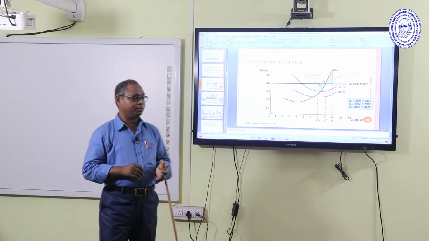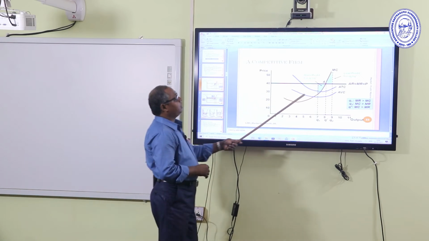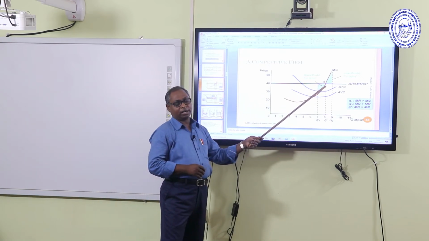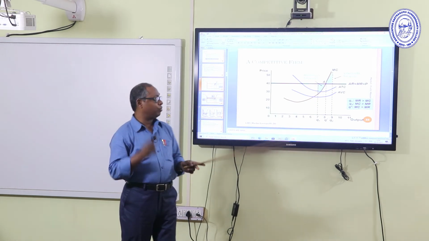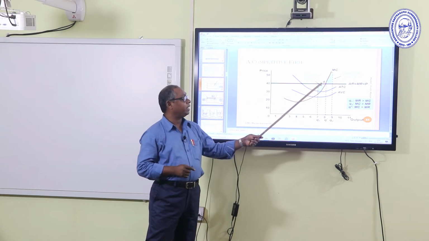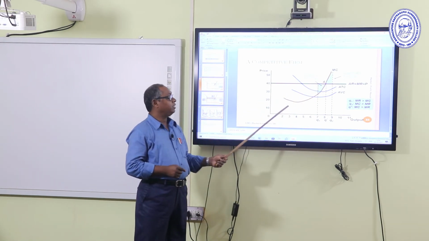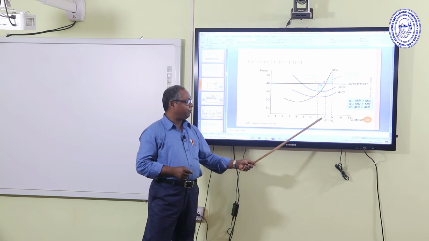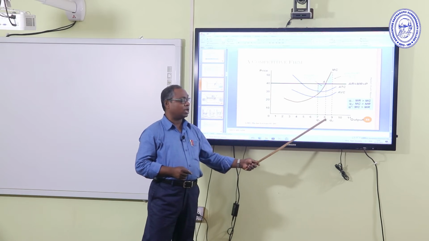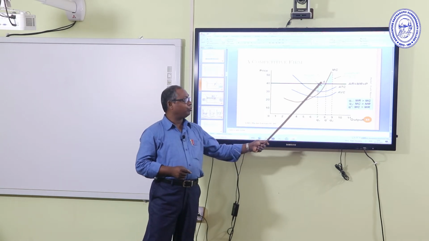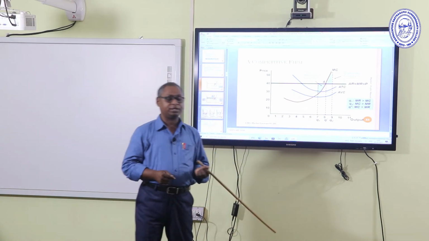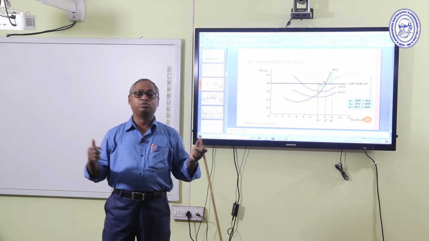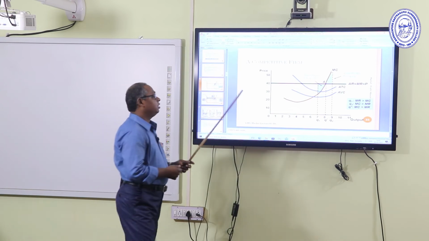it's a stable equilibrium. Unique means the MC and MR curve or AR curve meet each other at one point, once at A. It's unique and stable because if we move from Q star, the output corresponding to point A, to the left or right, there is always a tendency to move towards Q star.